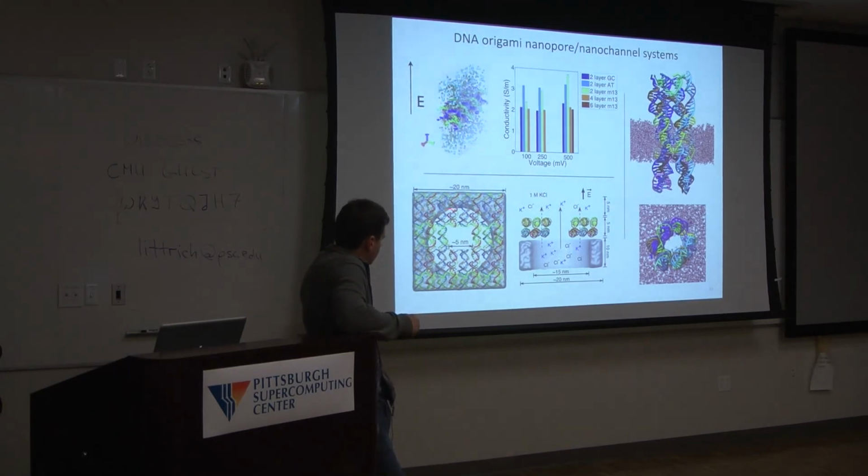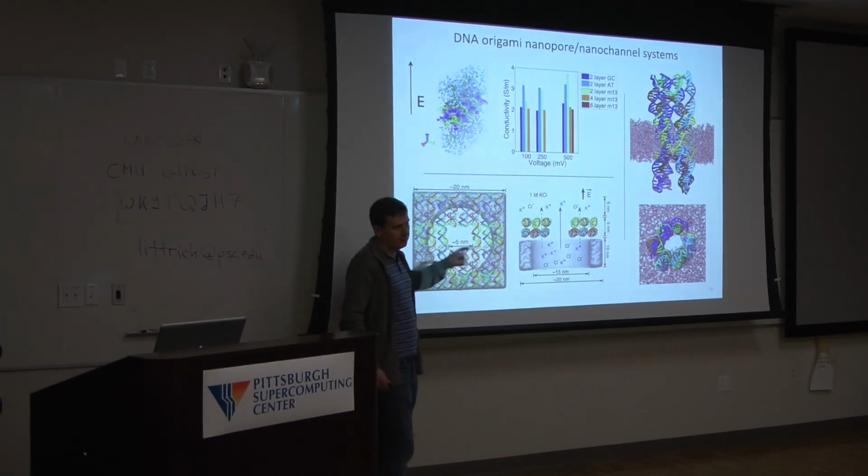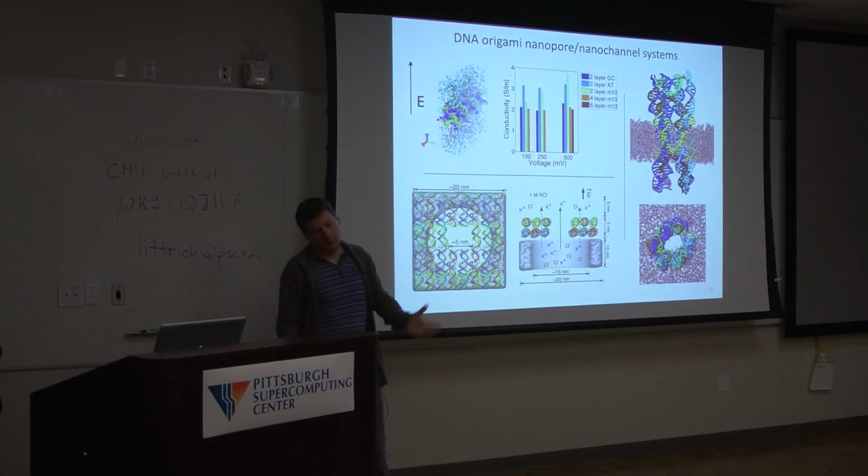Eventually we want to use it as a kind of scaffold on top of the solid-state nanopore. So why would you want to do that? With DNA origami, it basically provides you a lattice, and each turn of the DNA has its address. So in principle, you can embed on top of this nanopore any kind of molecule or label that you want.